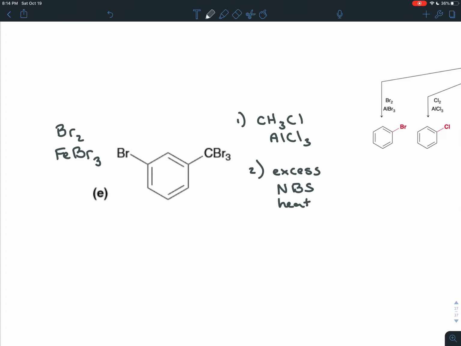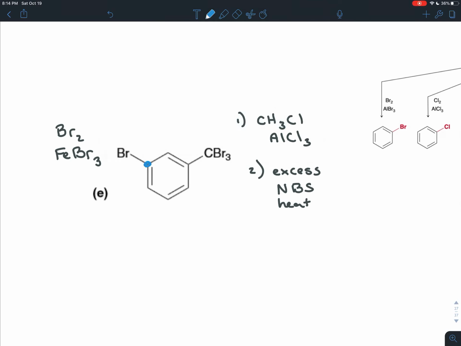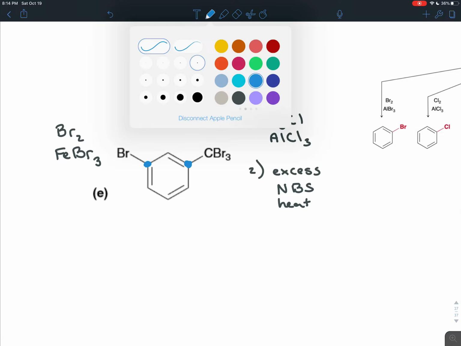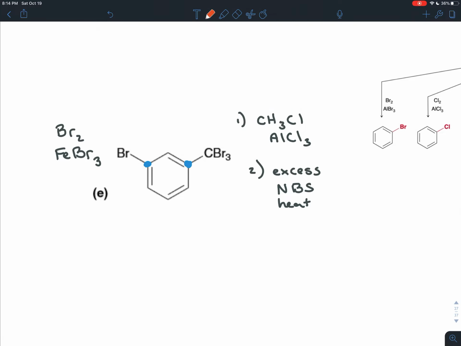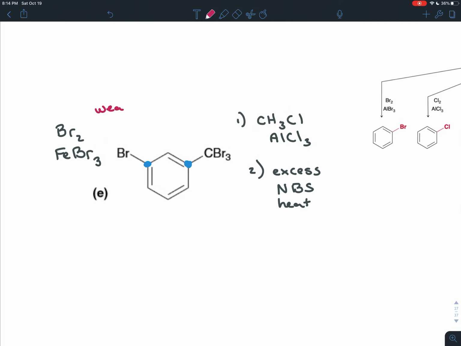So those are the recipes you need to use, but then you have to think about the order you need to use them in. We have here, our branches are meta to each other. They're 1, 3 away from each other. Bromine is weak. This branch, bromine branch, is a weak deactivator, and it is ortho-para-directing.